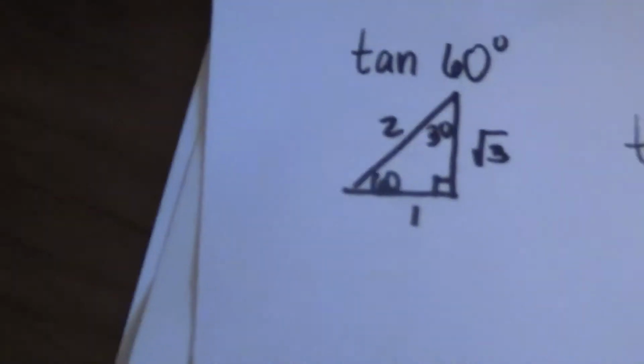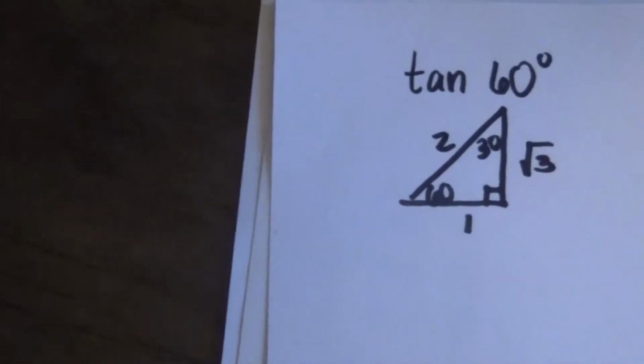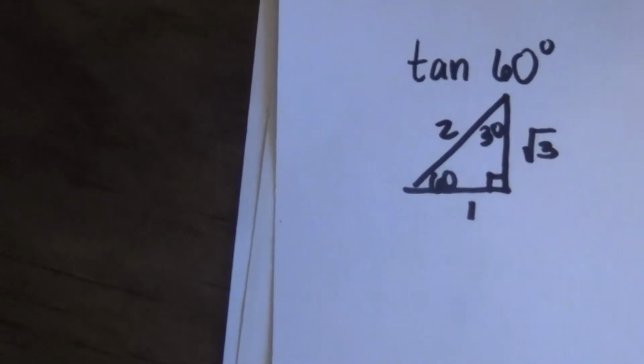So I was starting to say when I went off battery there that I want you to create a special triangle to find the tangent of 60. So if you recall from our past, and I can't really do this any other way, so sorry about that. Here's the special triangle we'll need to solve that.